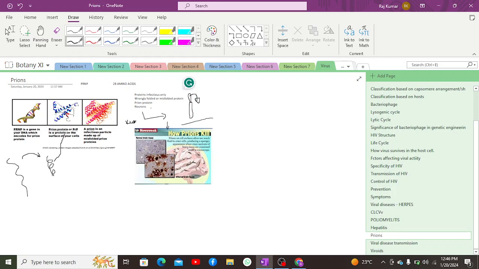When it comes to treatment, there's actually no treatment for it, but we can have some drugs which can reduce its severity. Prevention includes avoiding eating infected animals and using sterilized surgical instruments.